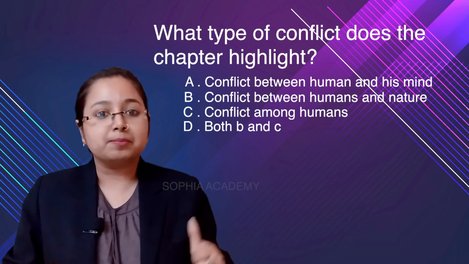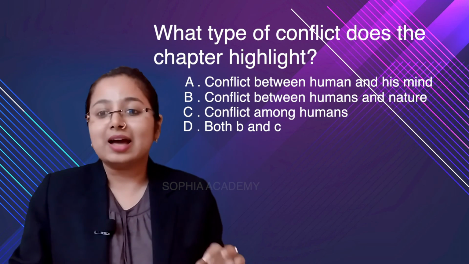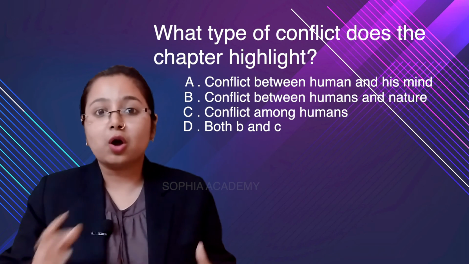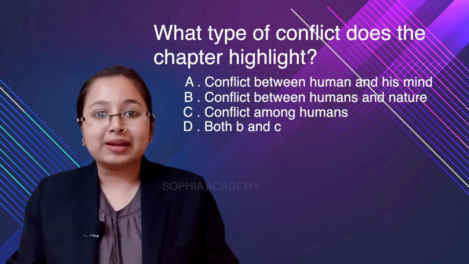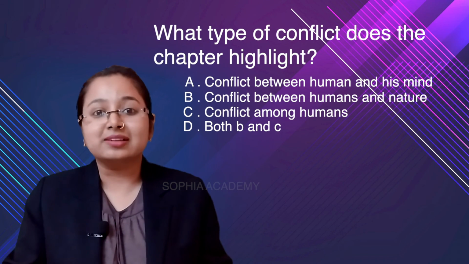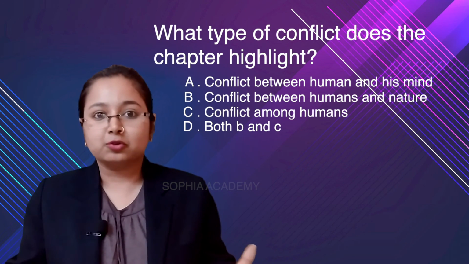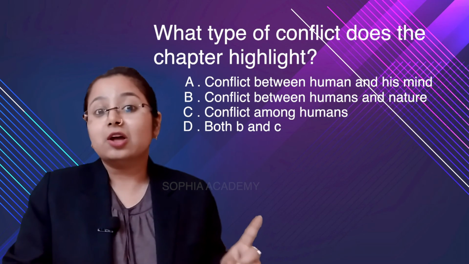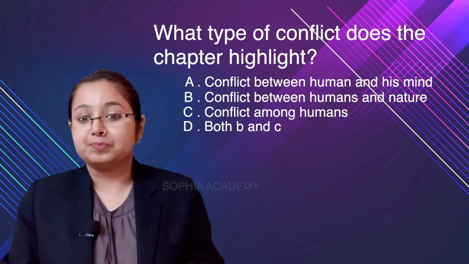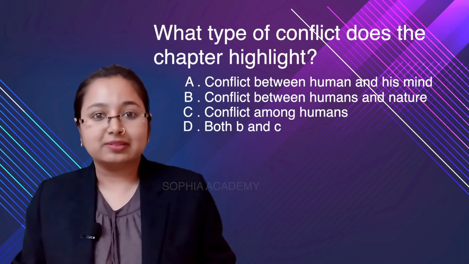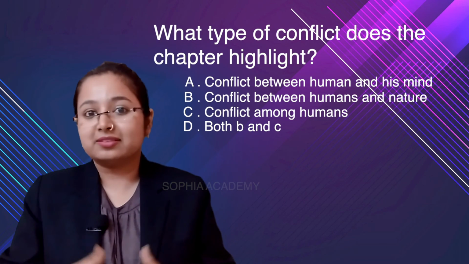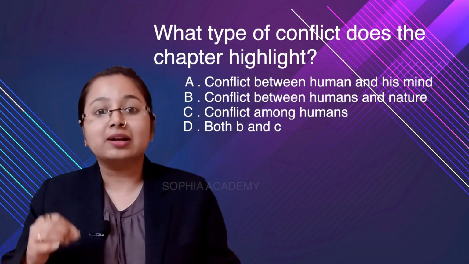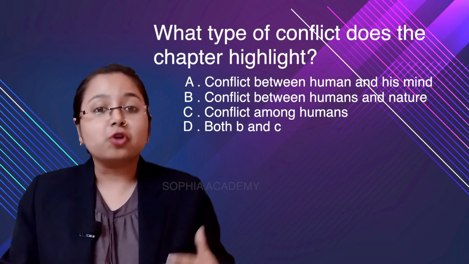Now let's see option B, conflict between humans and nature. Yes, there was a conflict between Lencho and nature. Lencho expected downpour, but instead hailstones were there. So this was one conflict. Now the third, option number C, conflict among humans. Yes, conflict among human beings is also reflected in this chapter, as Lencho did not trust the post office employees.